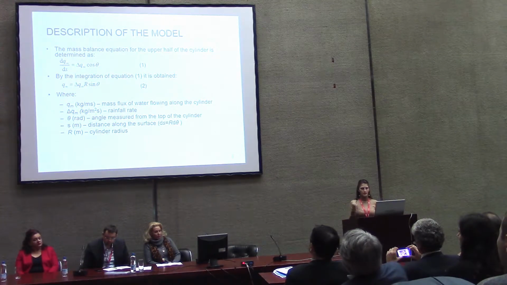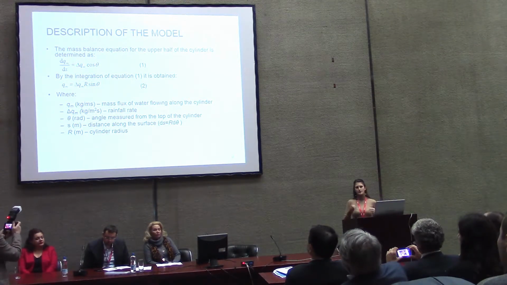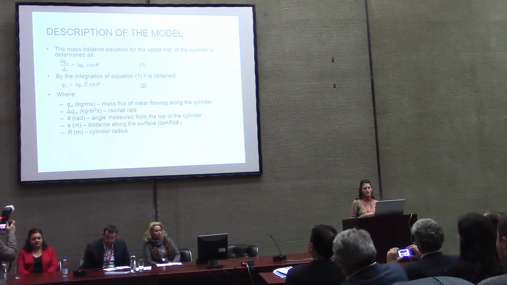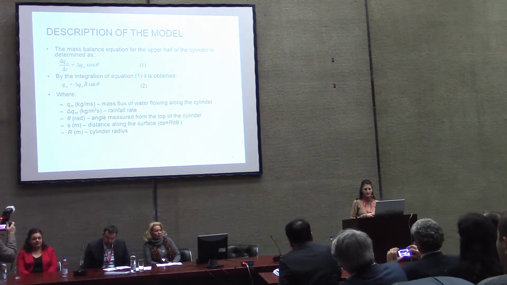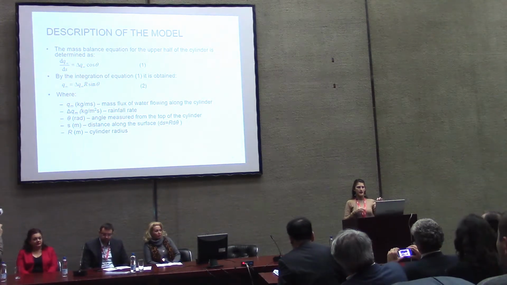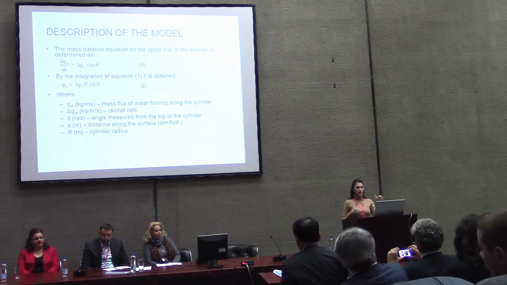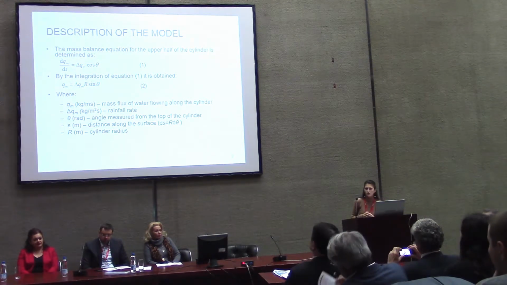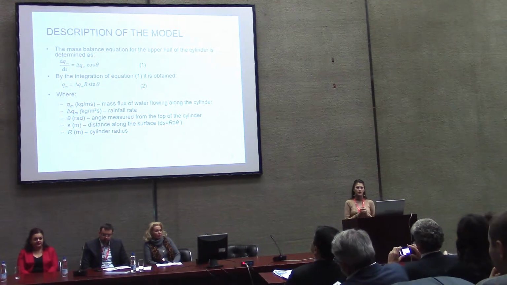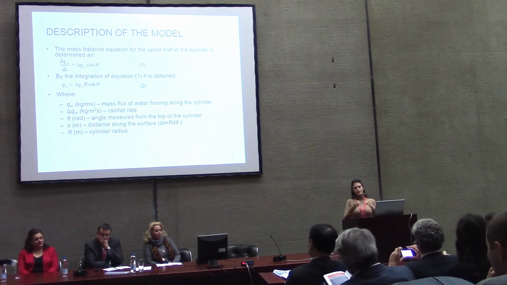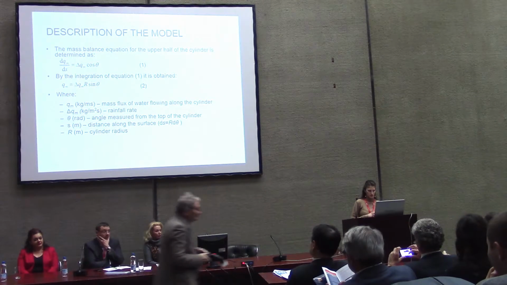If the drop or air temperature is sufficiently high, freezing may not begin on the upper half of the cylinder, and the water film flows along the cylinder and cools due to the convective heat loss to cold air, and freezing may begin at some location.